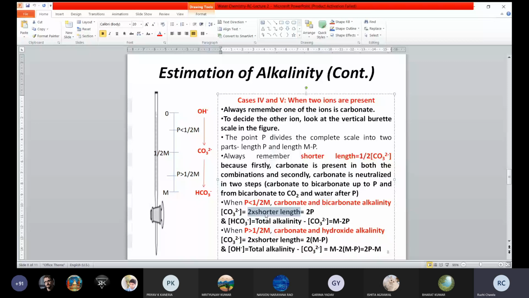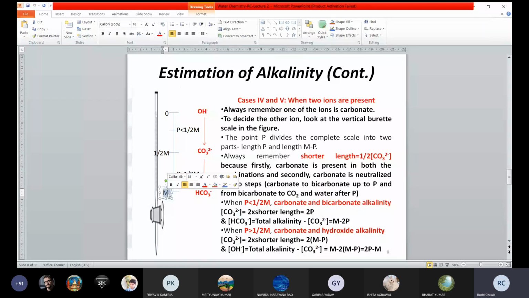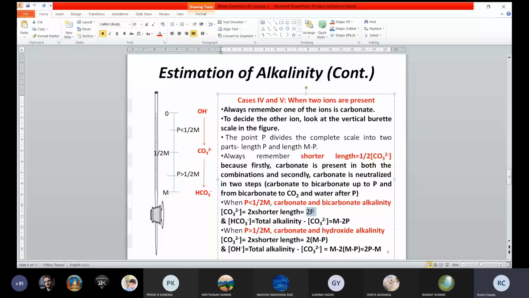Hydroxide ions are 0. So just subtract carbonate from total alkalinity. Total alkalinity is given by the sum of all the 3 ions, and total alkalinity is given by the methyl orange endpoint. So simply subtract carbonate from total alkalinity. Total alkalinity is M. Carbonate is 2P from above. So bicarbonate will be given by M minus 2P.